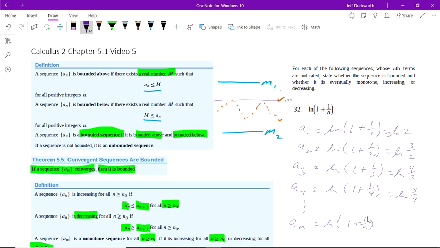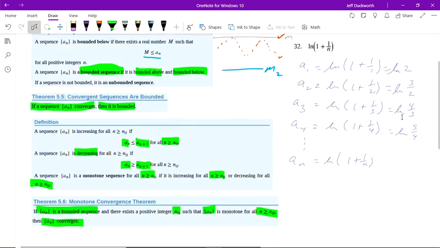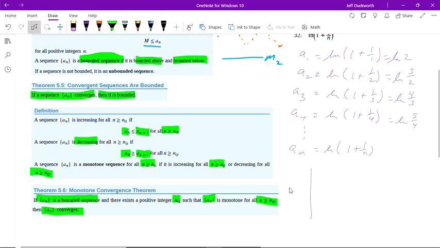Well, what's happening here? The natural log is a graph that looks like this, and the point here is (1, 0). So ln of 2 is here, ln of 3/2 is over here, ln of 4/3 is there, and so forth.